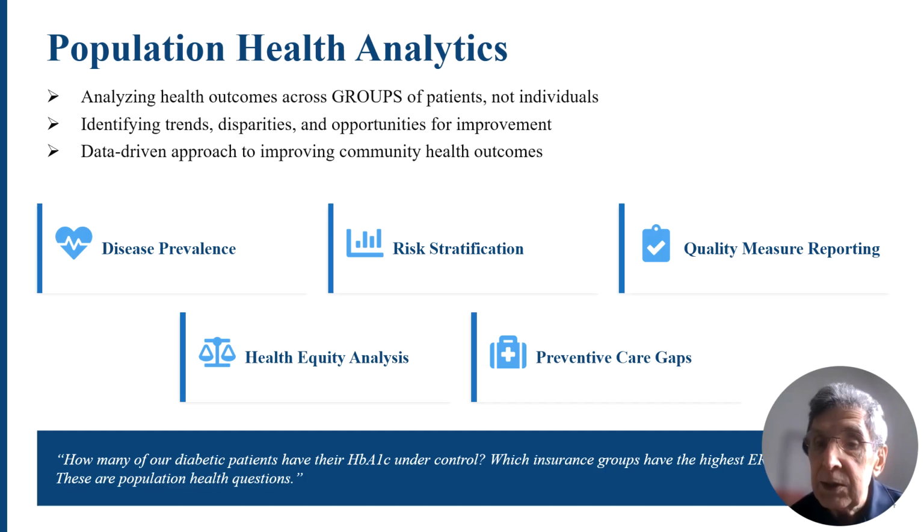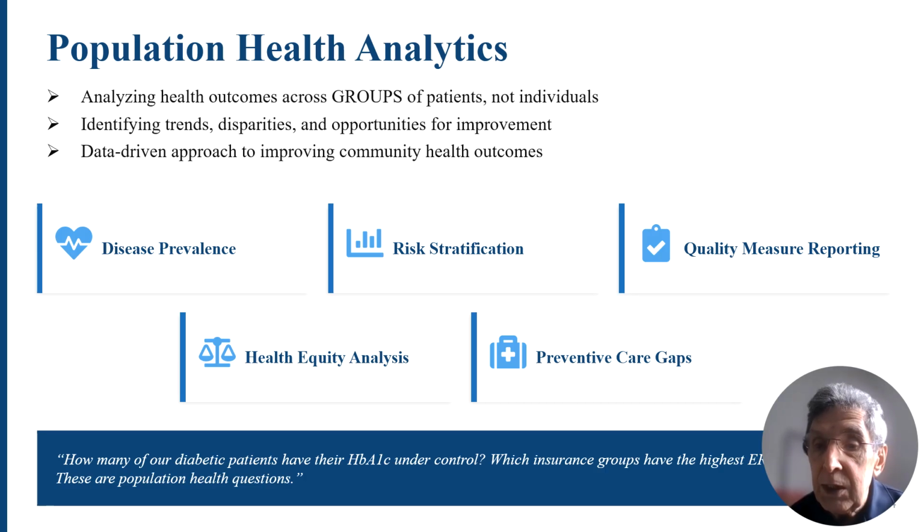Disease prevalence tracking asks how common a condition is within your patient population. Risk stratification identifies which patients are at highest risks for poor outcomes so that you can target your interventions. Quality measure reporting, which is the bulk of what we will cover today, tracks whether your organization is meeting established standards of care or not.